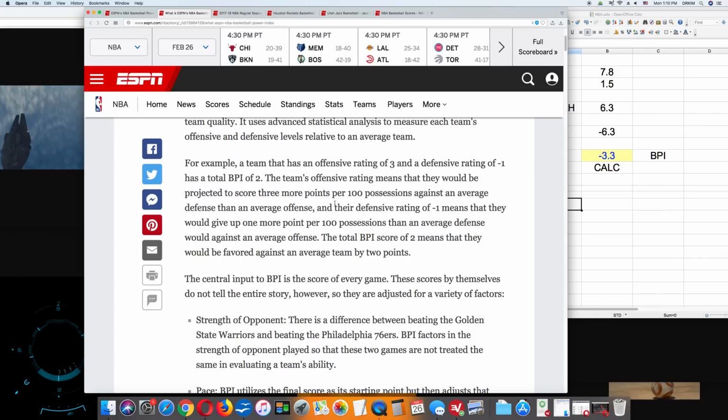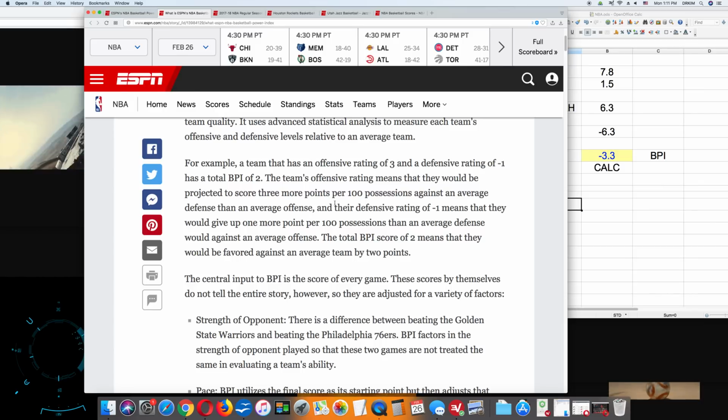On the high end, you have the Lakers and New Orleans. They average 105 possessions per game. On the low end, you have San Antonio and Memphis. San Antonio and Memphis average 98 possessions per game. As you can see, those numbers are pretty close, 105, 98. So basically, pretty much for all the teams, you can consider 100 possessions per game to be a typical statistic for this particular variable. Because there's such a small deviation from 100 among the NBA teams, it's reasonable to just straight use the BPI.